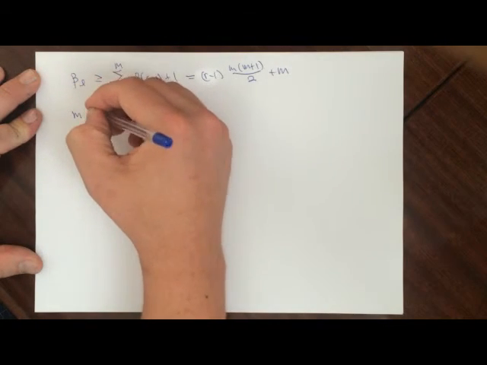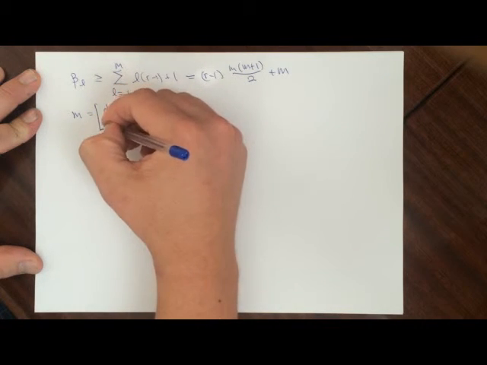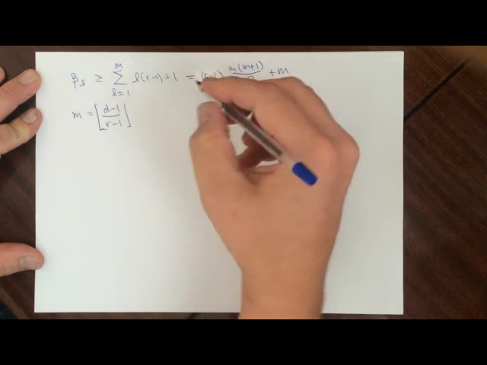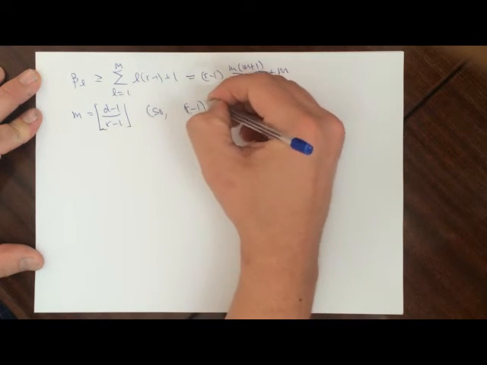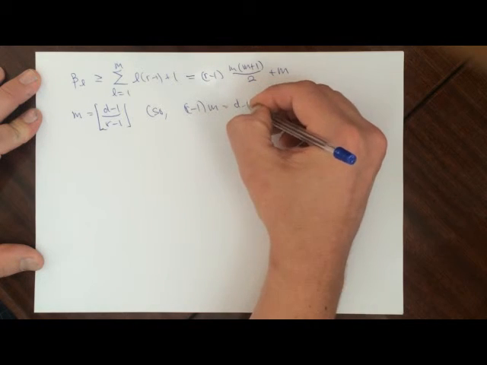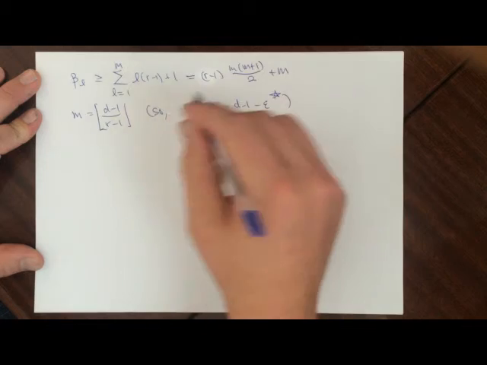Remember here that m is equal to d minus 1 over r minus 1. So we have that r minus 1 times m is equal to d minus 1 minus epsilon. We'll call this star.